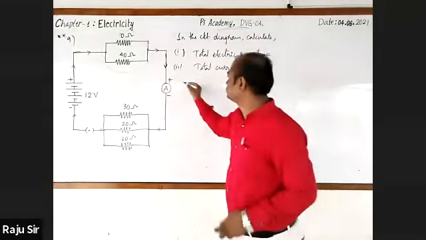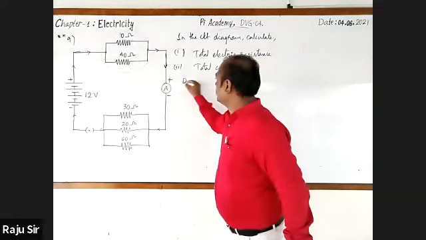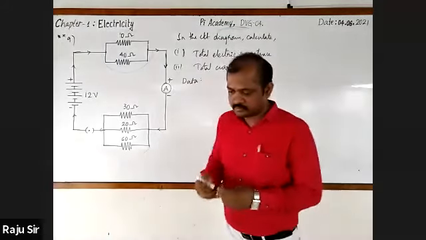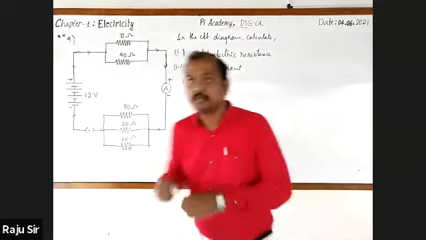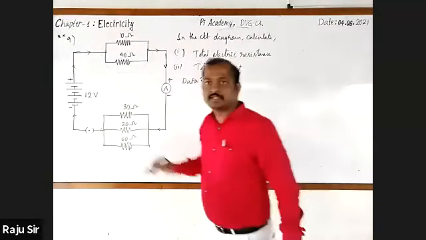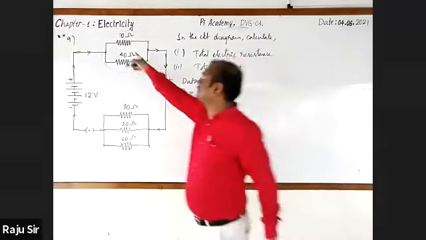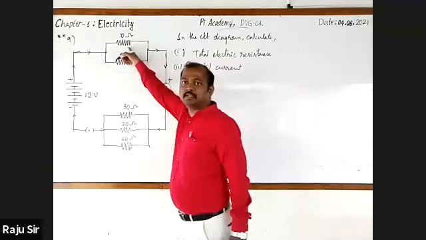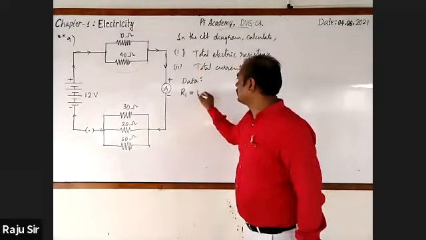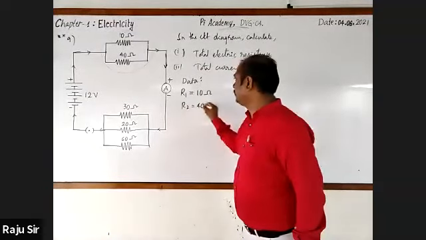Go on writing with me. First, write data. Here, they have given 5 resistors. Let us write the resistance of the first resistor. It is 10 ohm and is taken as R1. R1 is 10 ohm. R2 is 40 ohm.